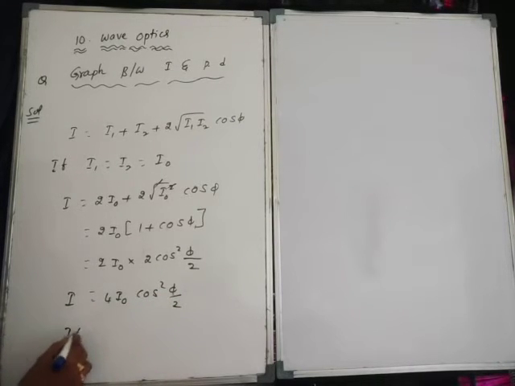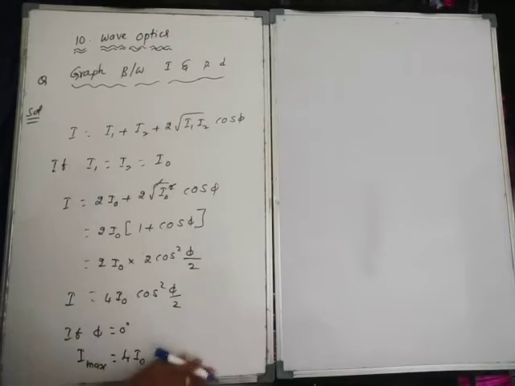So if φ = 0 degrees, then I is maximum, which is 4I0.